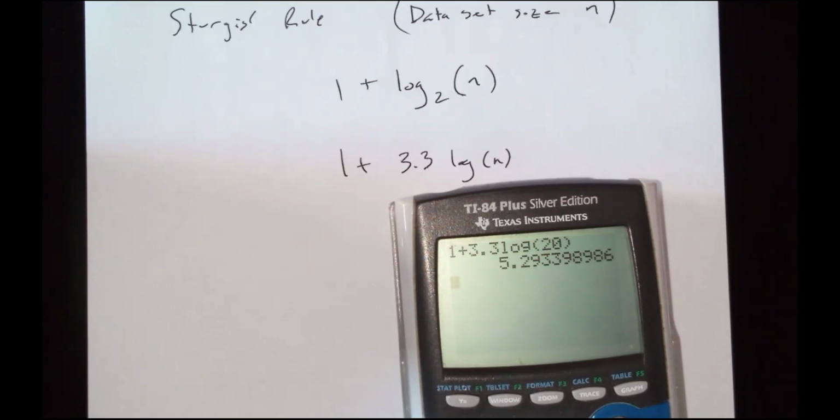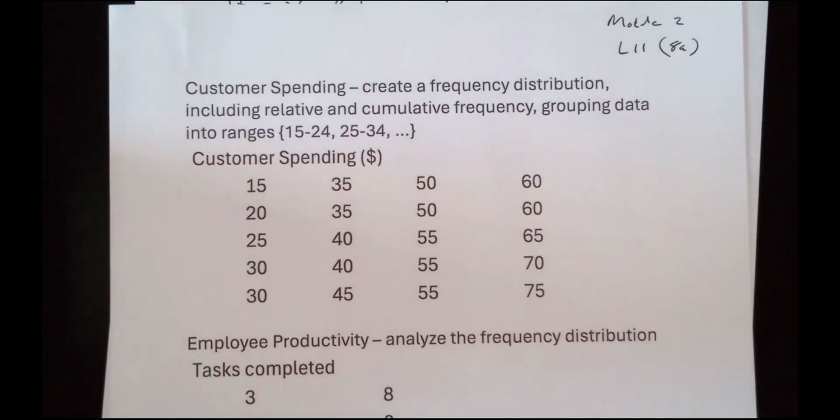Let's go back and look at the data again. Here's the data itself. It goes from 15 to 75, right? How far is it from 15 to 75? So if I divided that into 5 bins, each bin would be 12 units wide, right? 15 to 26, 27.